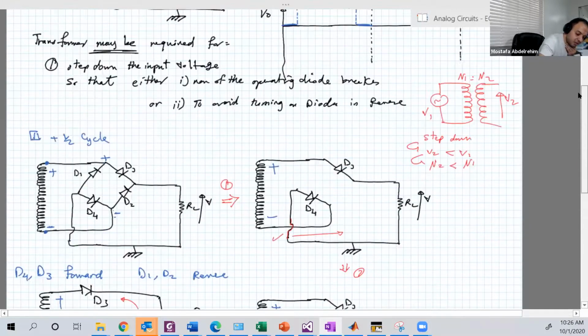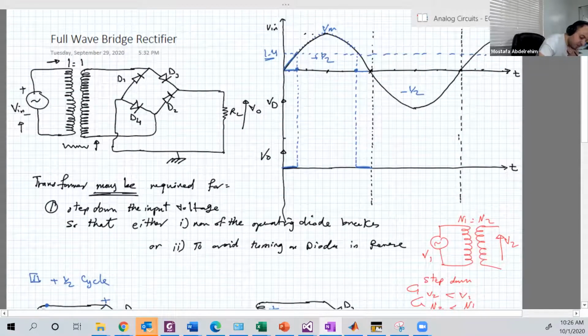So let's start by this point. This is 1.4. I will subtract another 1.4. So again, the voltage of the output will be 0. For example, here we have 2. So 2 minus 1.4 will be 0.6. Here we have the maximum, so this will be Vmax minus 1.4.